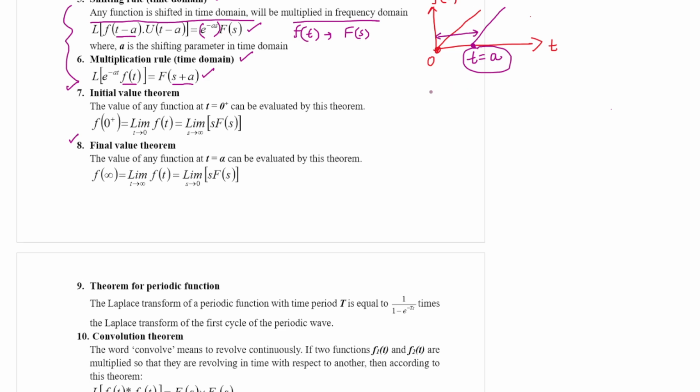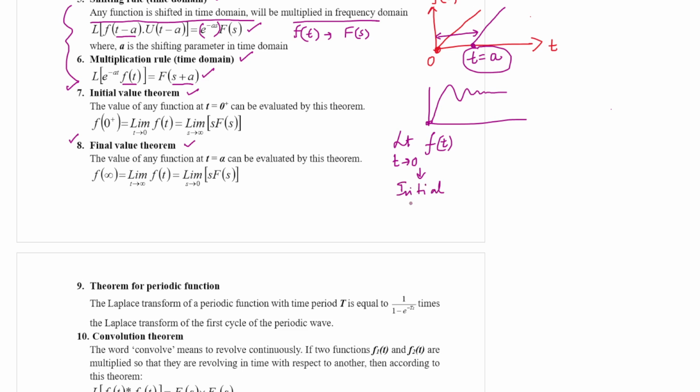If this is a function, then according to the initial value theorem and final value theorem, we can calculate what the function value is at the transient state. That means what will be the value of f(t) at t is equal to 0. That is called the initial value.